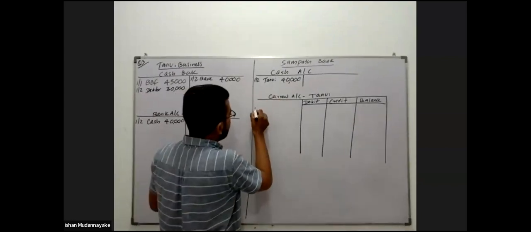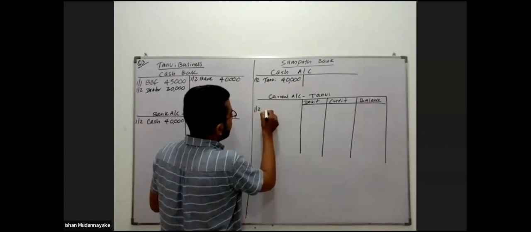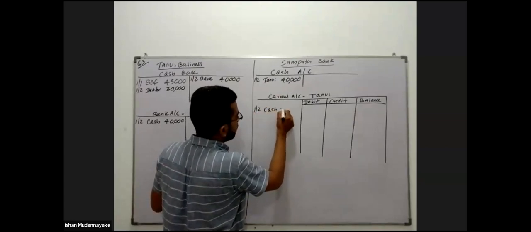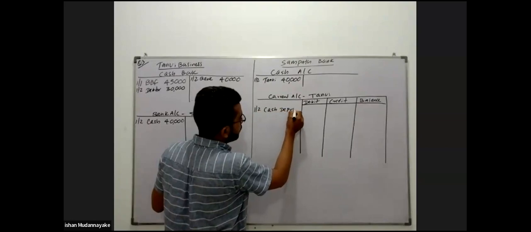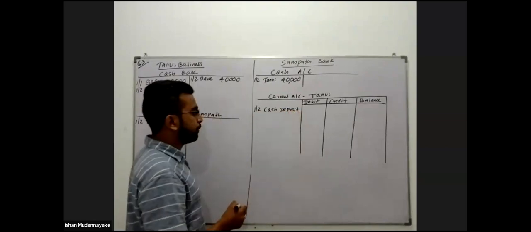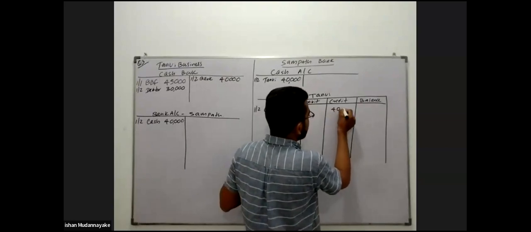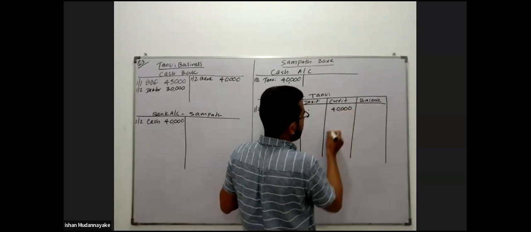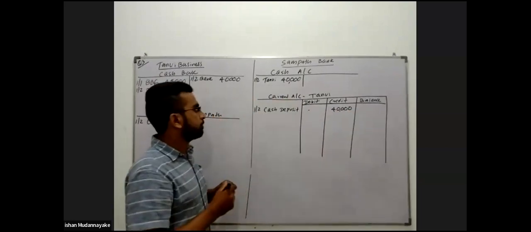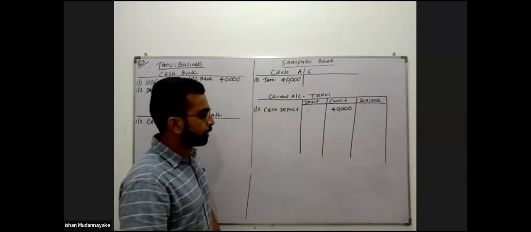Then, on 2nd January, write down cash deposit. Tanvi's current account credit 40,000, cash book debit 40,000.